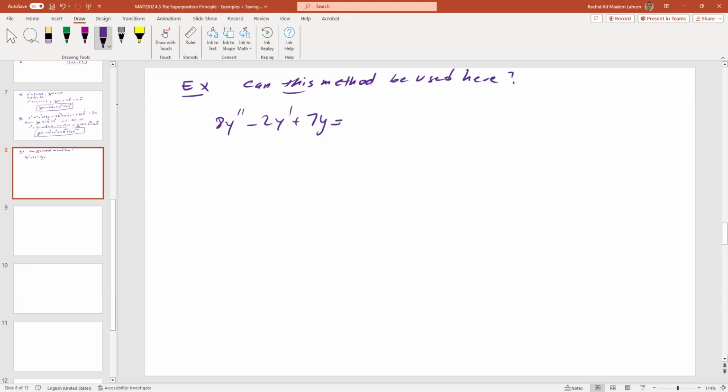So this is no issue. Now let's look at this right-hand side. That looks fine. That also looks fine. Then we get to this and we're like, what do you think?